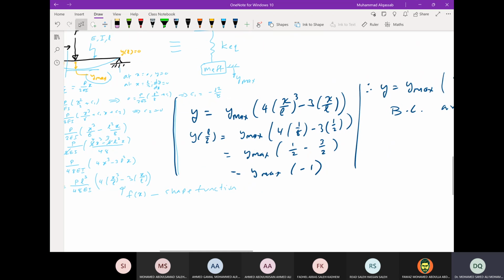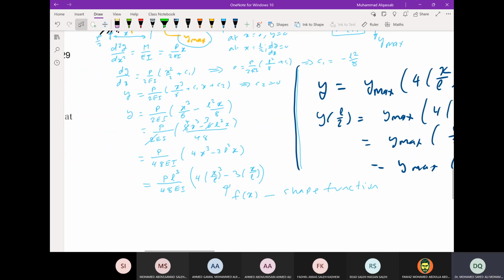This equation we found is valid for x greater than or equal to 0, less than or equal to L over 2, and the deflection of the beam is symmetrical. Which means that this is the same for x greater than L over 2, less than or equal to L.